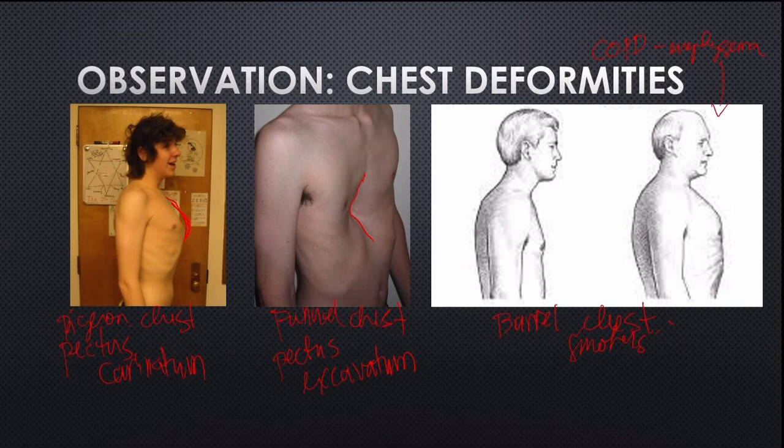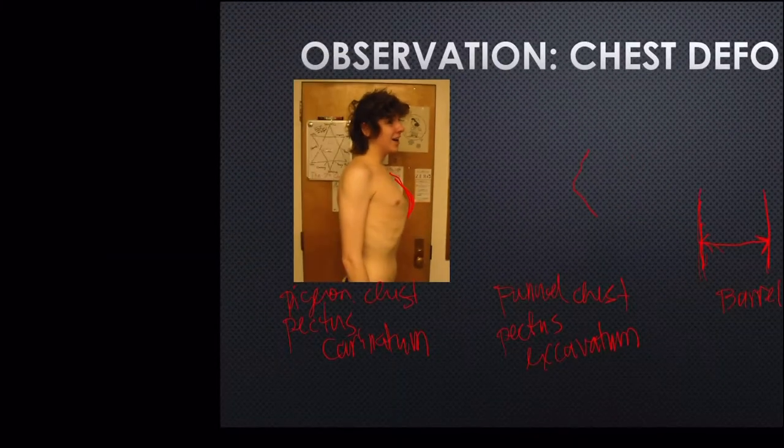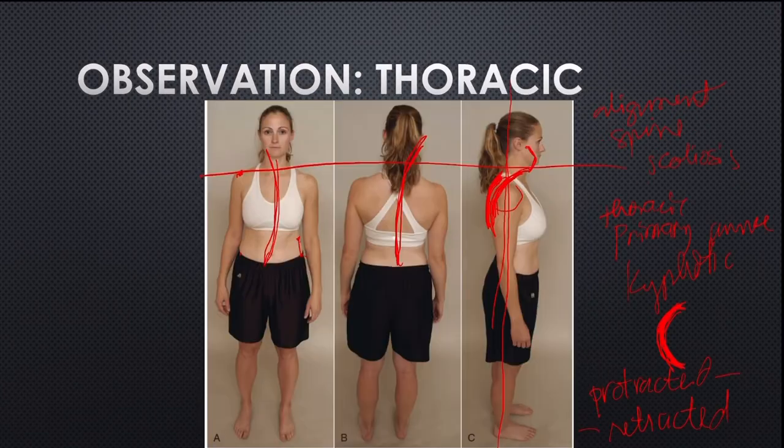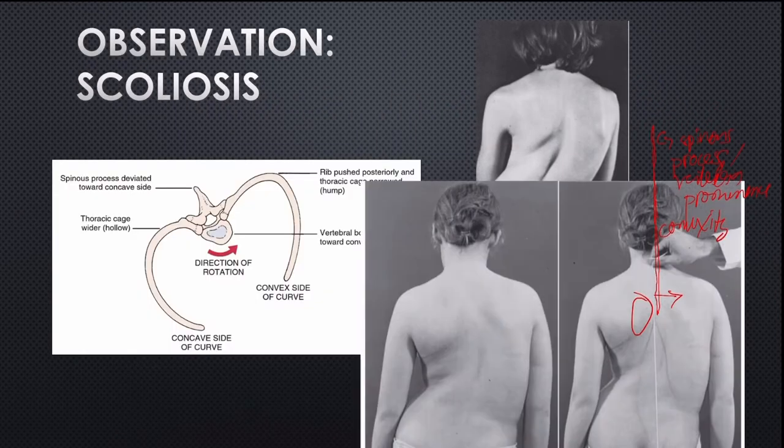Okay, what do you mean by barrel chest? Usually if we look at the individual in lateral view, the diameter of the chest is usually narrower compared to when the individual is facing you. Okay, just like this one. Let me go back to some slides. Okay, this one. So you can see the chest diameter here is wider compared to the chest diameter on lateral view. So this is what I mean earlier.